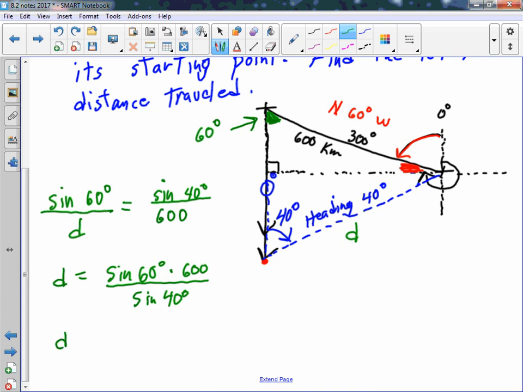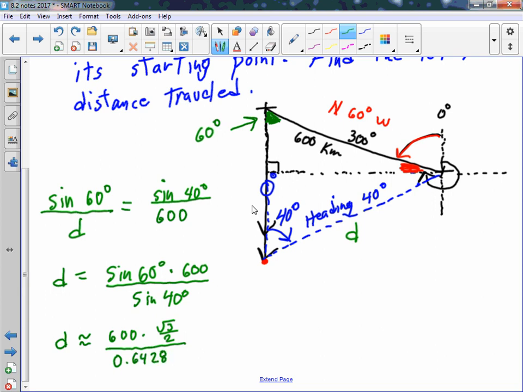And so D is approximately, if you do that operation, 600 times root 3 over 2 over sine of 40 doesn't come out nicely. I hate doing this to you. But I'm going to use 0.6428. Check me on that.